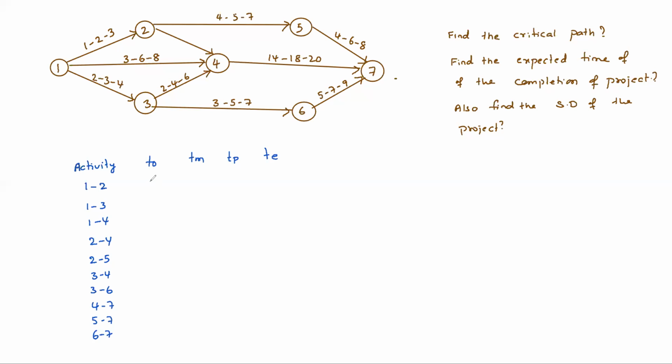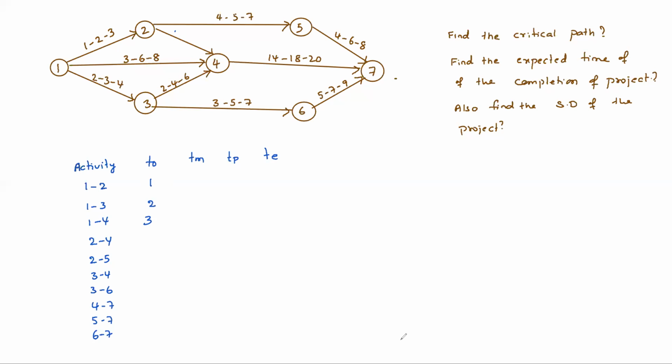So T naught, tell me what is T naught of 1-2 activity? 1. For 1-3 activity, 2. For 1-4 activity, 3. For 2-4 activity, not given. 4, 6, 8. Okay.